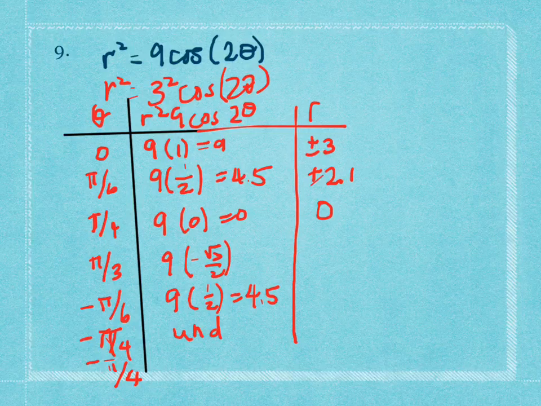And then at pi over 6, pi over 3, let me get that approximation. Okay, so for this one, an approximation would be about 7.8. We have 4.5 on the next one, and this one is undefined.